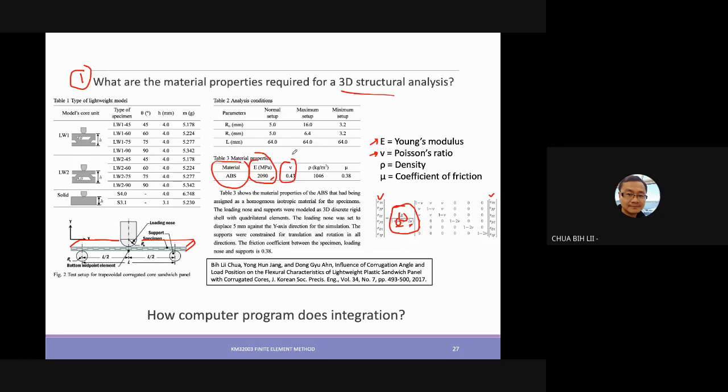Besides that, we also include the density, because there is a body weight or body force applied. Another parameter inserted into the analysis is the coefficient of friction, because we are modeling the contact between the loading nodes and the specimen during the simulations. So this is the idea.